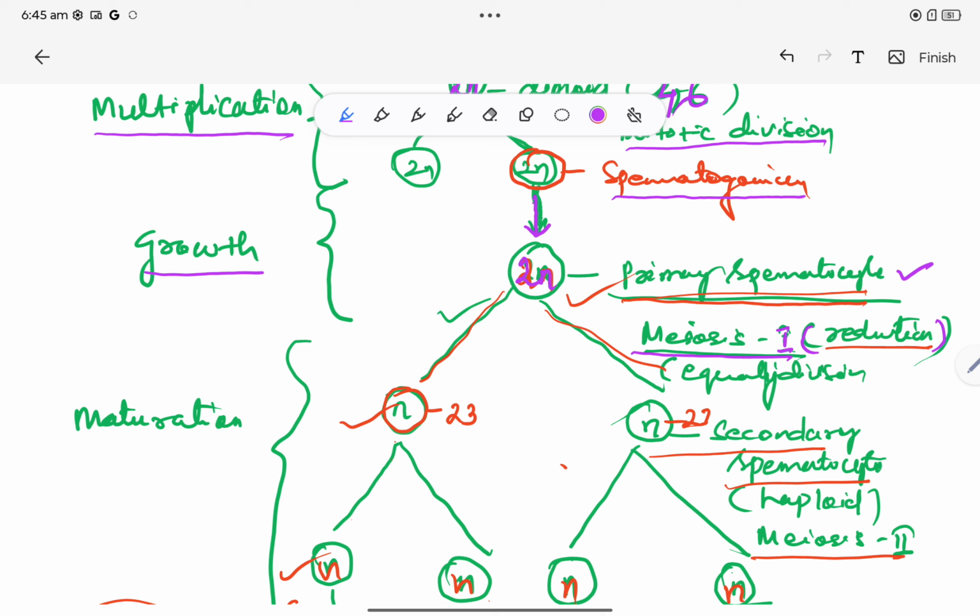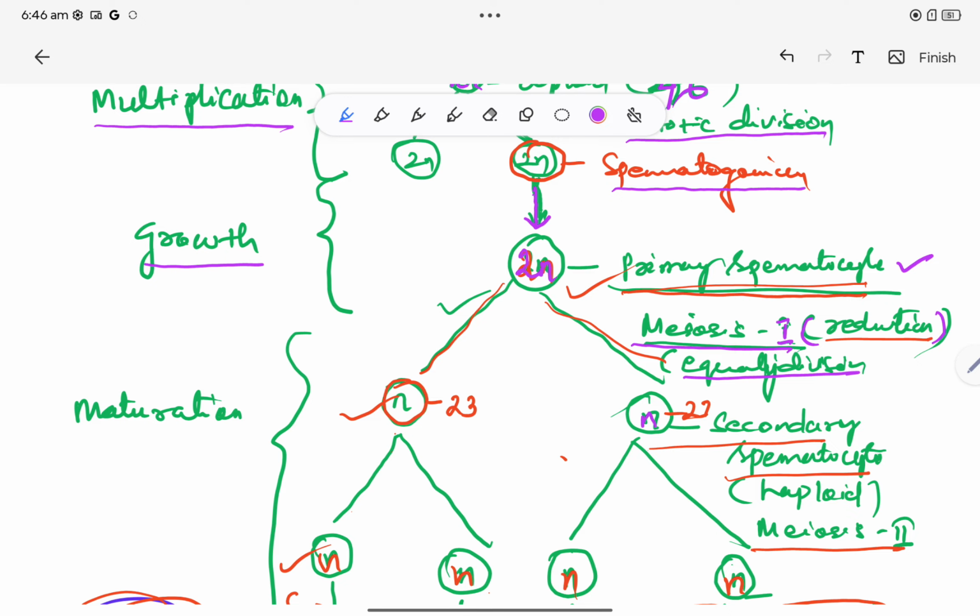It is an equal division, which means the two cells produced are of equal size and shape. Now the cell produced by the division is haploid because it is reductional division and it contains 23 chromosomes. And this cell is now known as secondary spermatocyte.